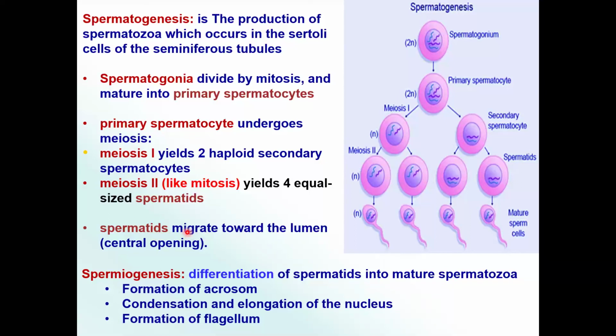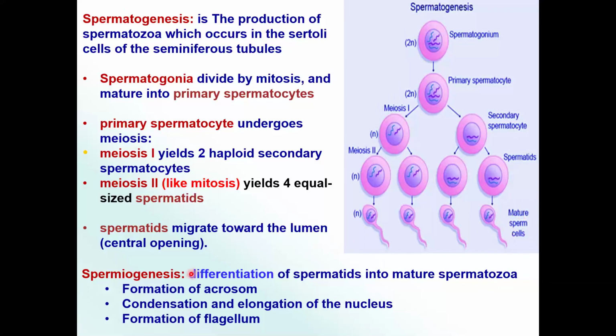So spermatids migrate toward the lumen. This is the lumen, and this is the wall of the seminiferous tubule. They progress from the wall into the center of the seminiferous tubule. Spermiogenesis is the differentiation of a spermatid into a mature spermatozoon, or mature sperm cell.